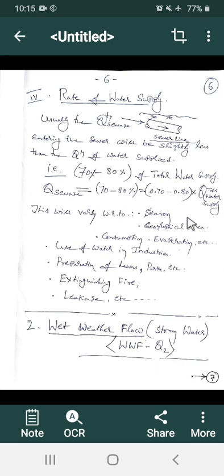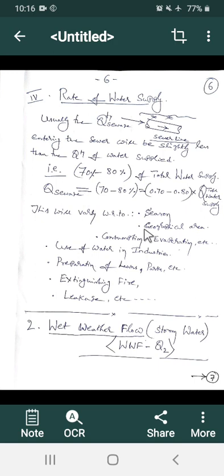You have to multiply with 0.7 to 0.8, and the wastewater quantity can be calculated very easily. You must know the population and the water supply; just multiply those two. Sewage is equal to 0.7 to 0.8 times the water supply quantity. Then you will get the exact quantity of sewage coming to the sewer line.